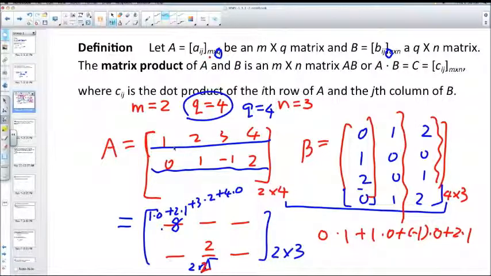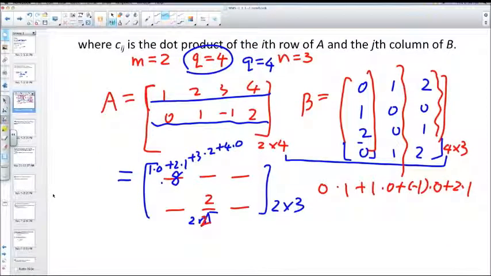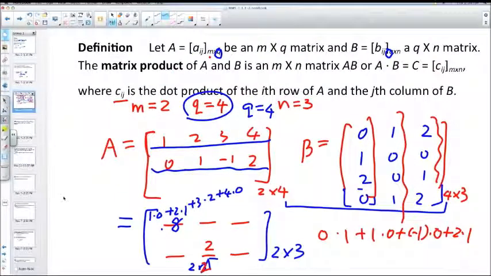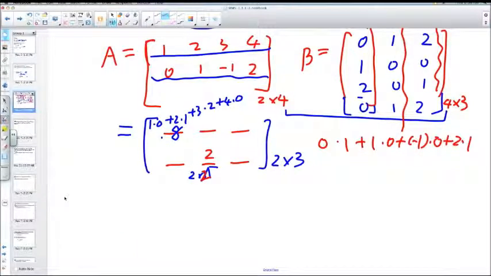So to identify this, all you need is to understand what it means. Let's go to the general concept, the Cij. The Ai row, sometimes you put a dot, that means the whole row. In MATLAB, to write, let's say, the second row, you write it as A, parentheses, 2, comma, colon.